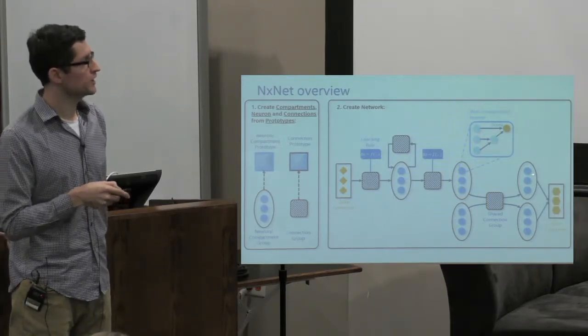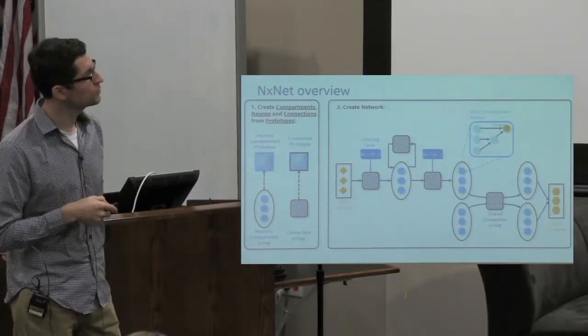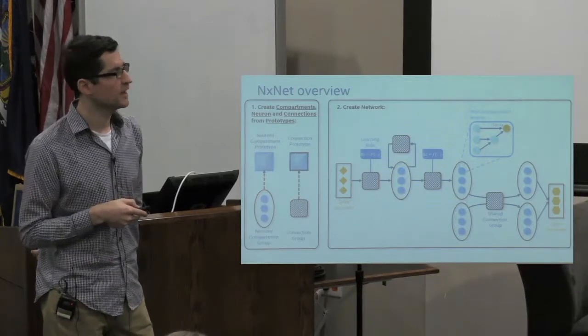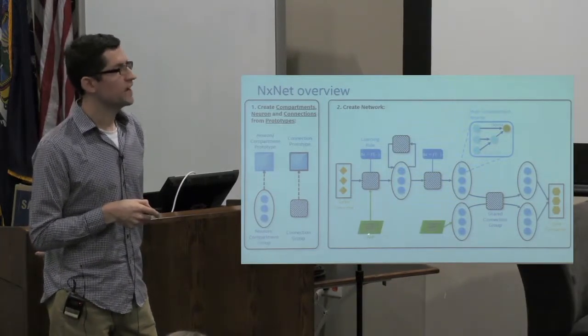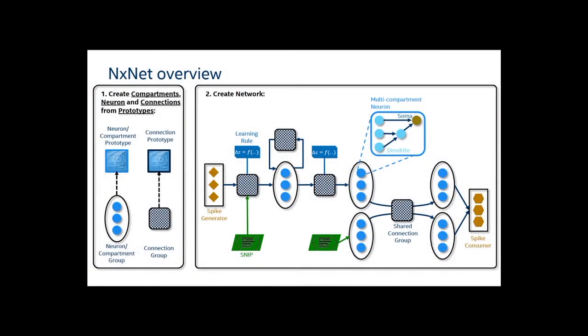And you can, of course, connect your systems to the outside world, to some sort of output consumer, could be, I don't know, a robotic arm, for example. Again, this would be code executing on one of the CPUs in the system. You can also define SNIPs, sequential code performing some sort of operation, structural plasticity or whatever, and assign which connection group or compartment group they are operating on.